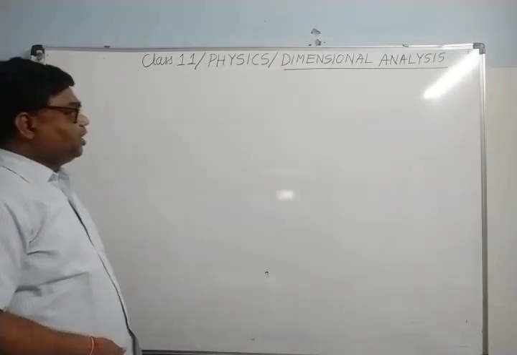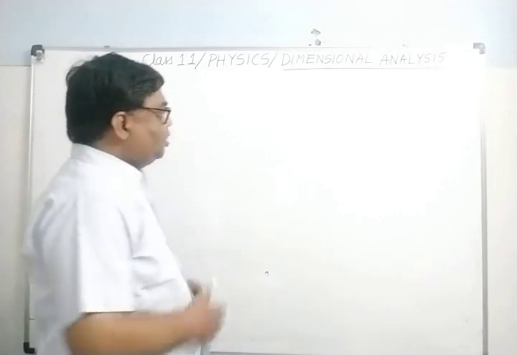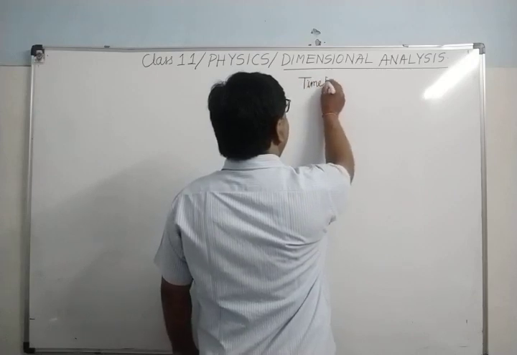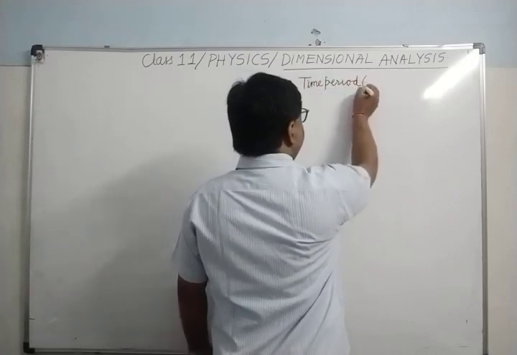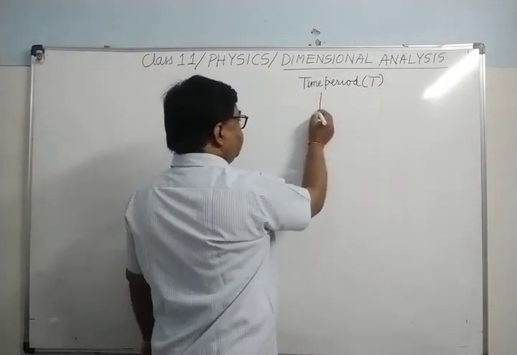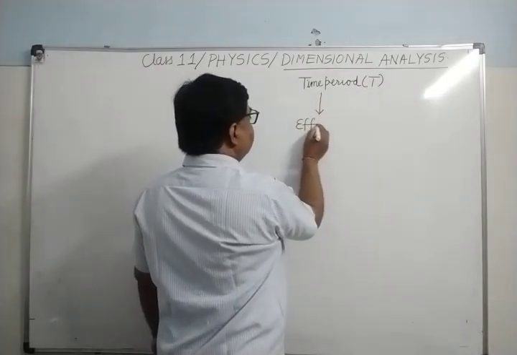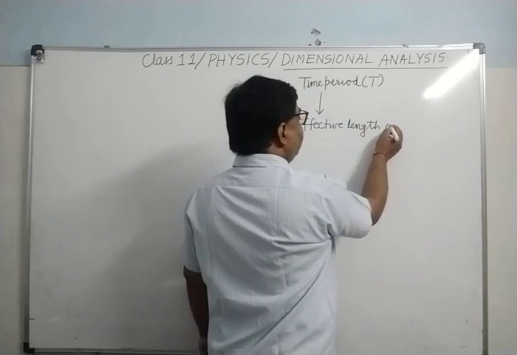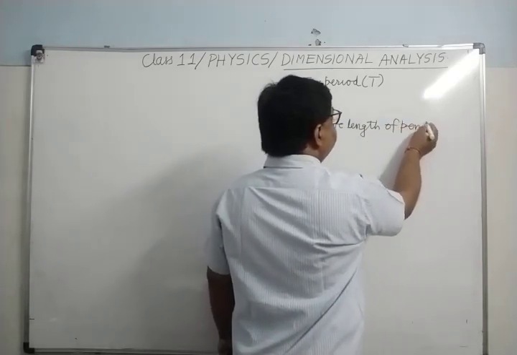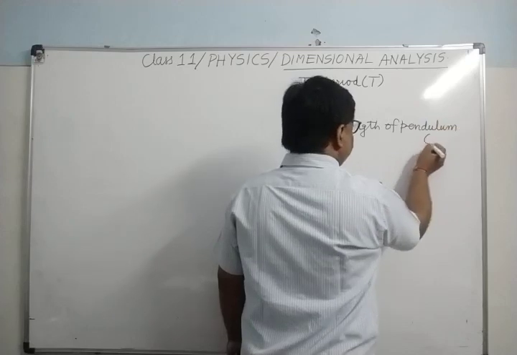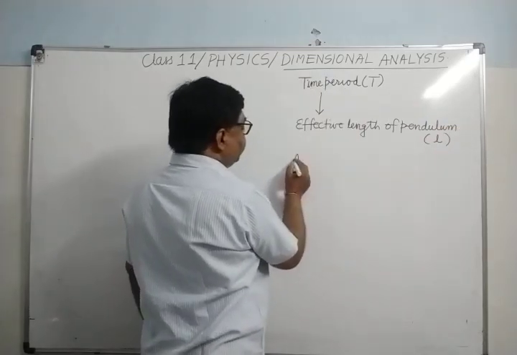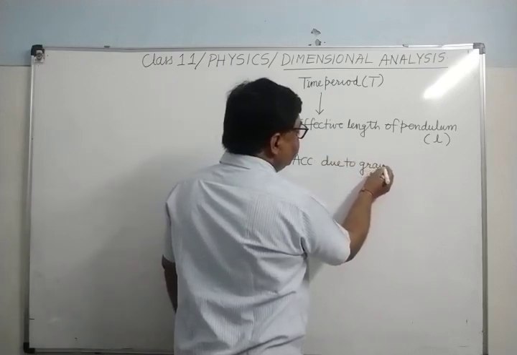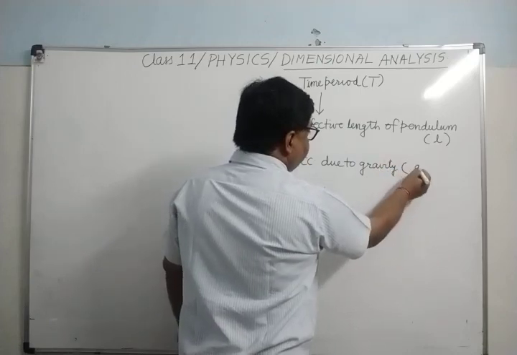See here, suppose I am taking one problem. I know that the time period of a simple pendulum, capital T, depends upon two things: the effective length of the pendulum, which we denote by small l, and the acceleration due to gravity, which we denote by g.